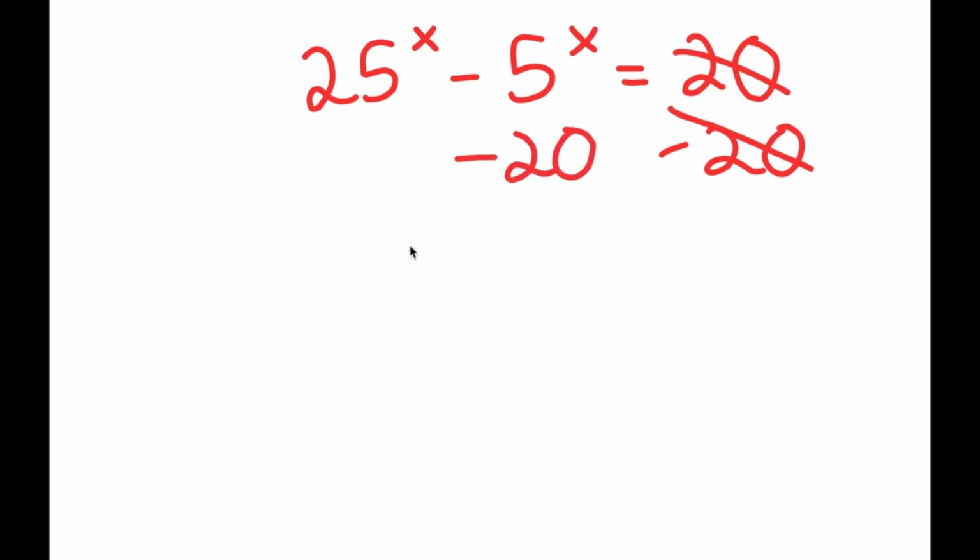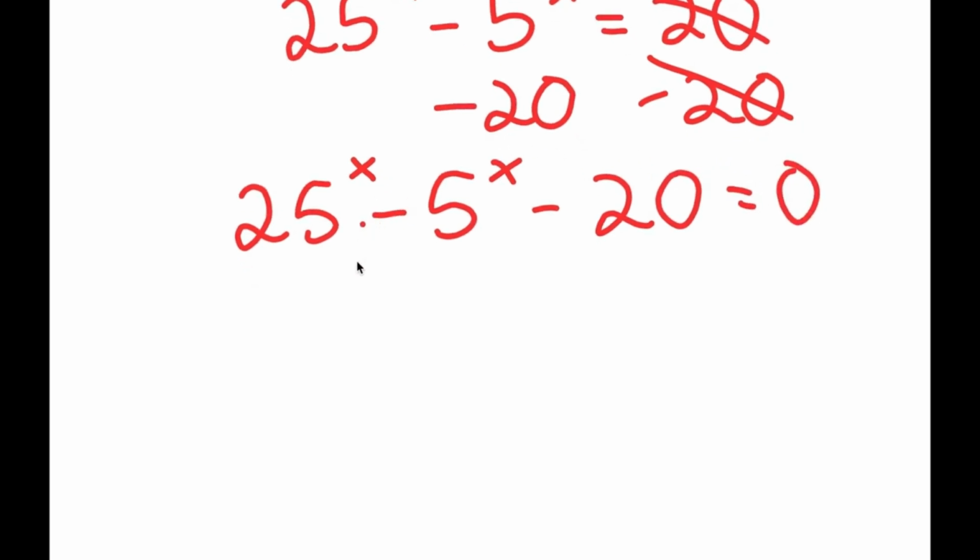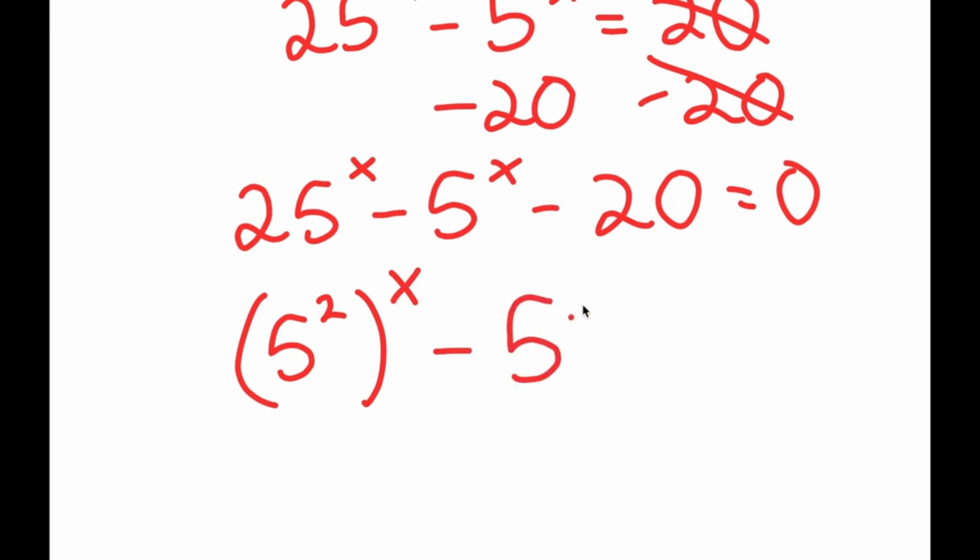So then these two cancel out, and I get 25 to the power of x minus 5 to the power of x minus 20 is equal to 0. Now 25 to the power of x, I can rewrite this as 5 squared to the power of x. So I have this minus 5 to the power of x minus 20 is equal to 0.